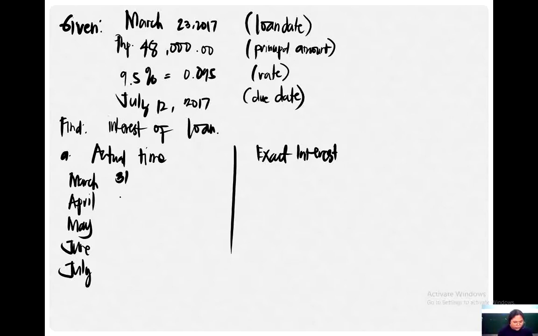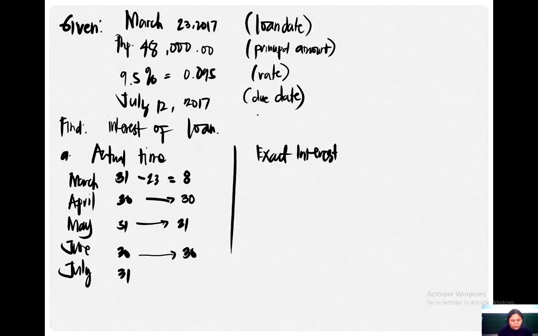For April, we have 30. May, we have 31. June, we have 30. And for July, we have 31. The loan date starts with 23, so we subtract this from 31, and the answer is 8. Then just copy everything until June.